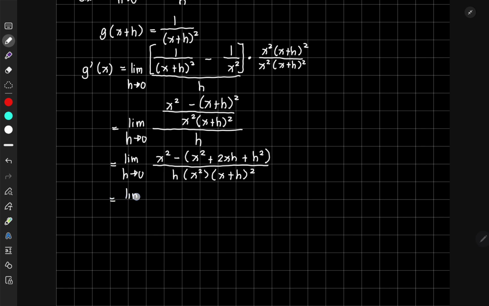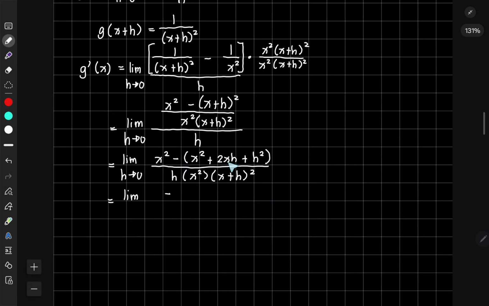So this will become the limit of negative 2xh, and negative times this, minus h squared, all over h times x squared multiplied by x plus h squared.